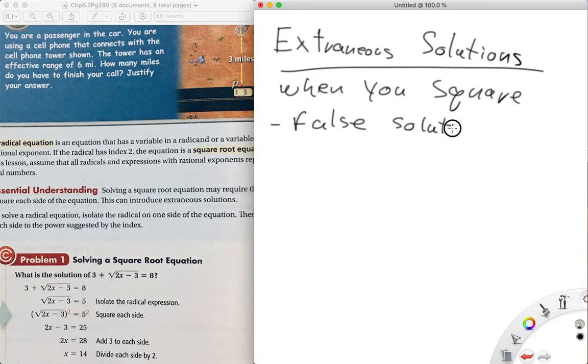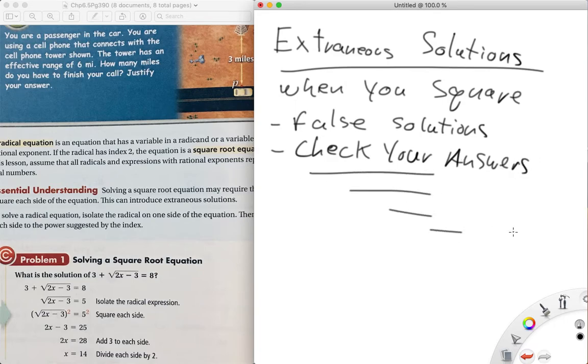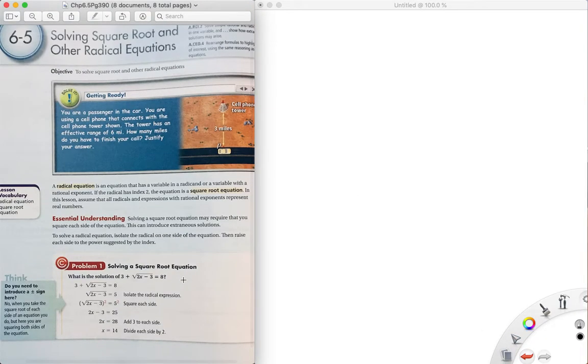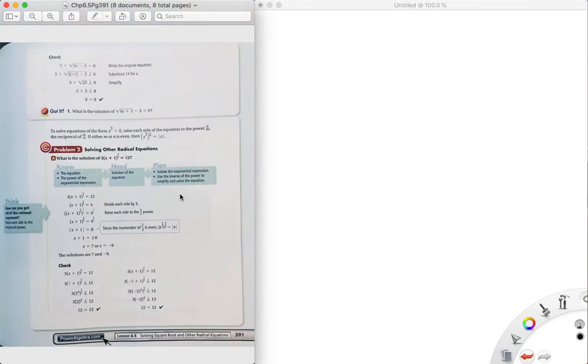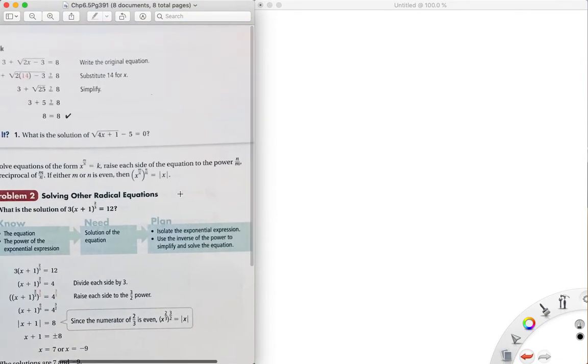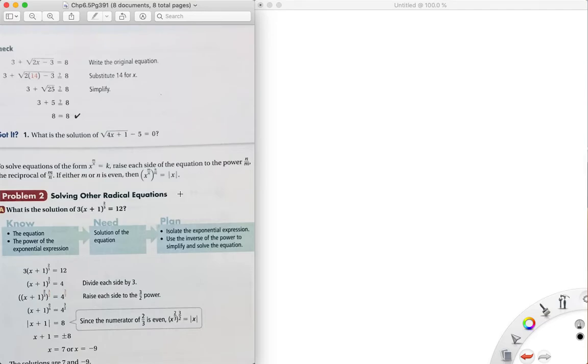The only way to check to see if you have a false solution is to check your answers. You must check your answers to make sure you don't have any false solutions, which happens when you square, because when you square, you open it up for multiple scenarios. So we're going to check all of our answers when we complete them.